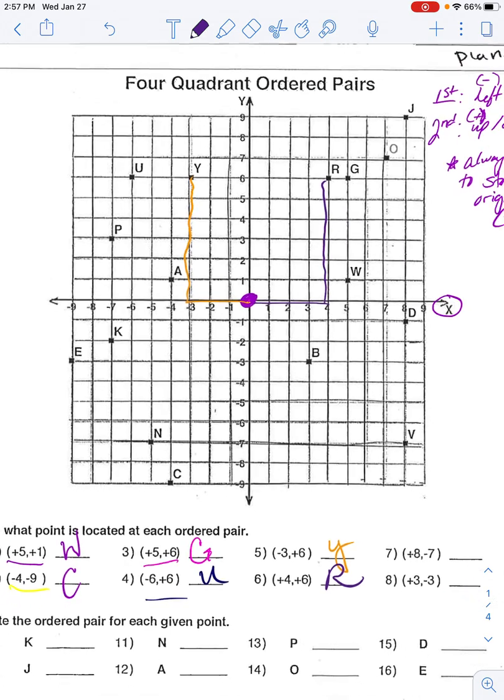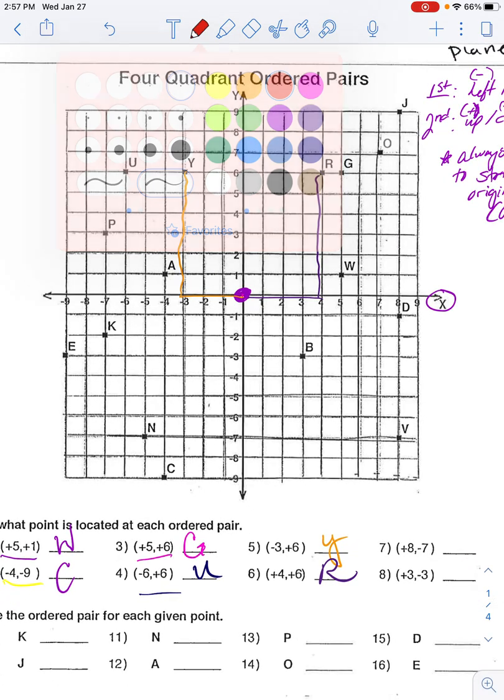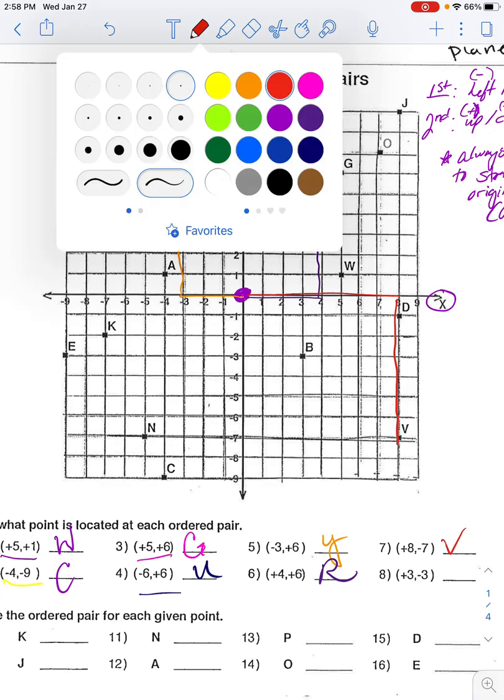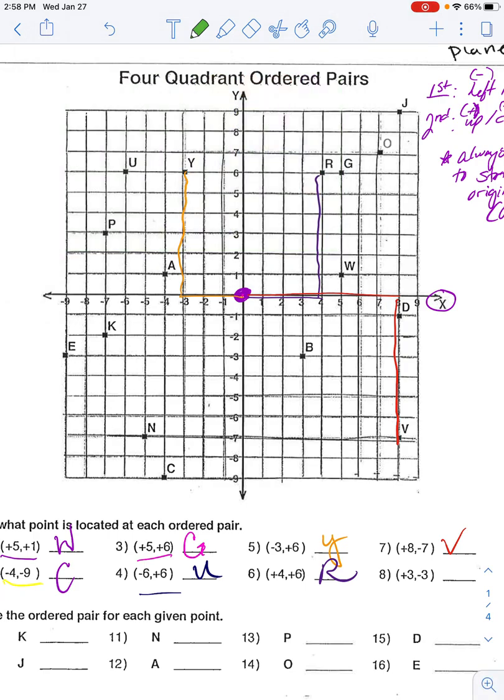That's an R. Number 7, positive 8, negative 7. Positive 8, we go to the right 8. Negative 7, we go down 7. V. And then positive 3, negative 3. Positive 3, right 3, negative 3, down 3. We're at B.